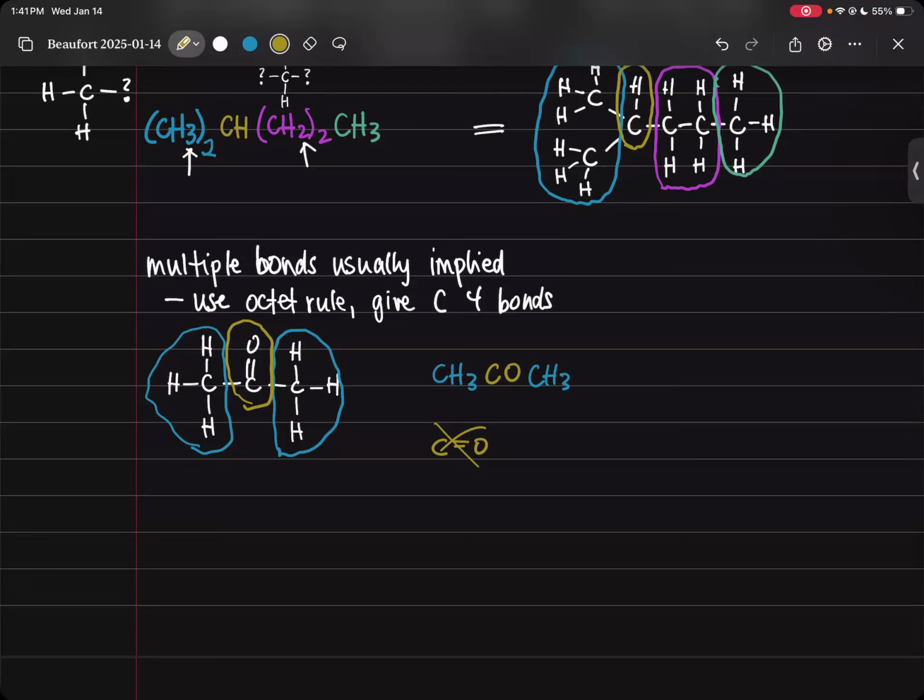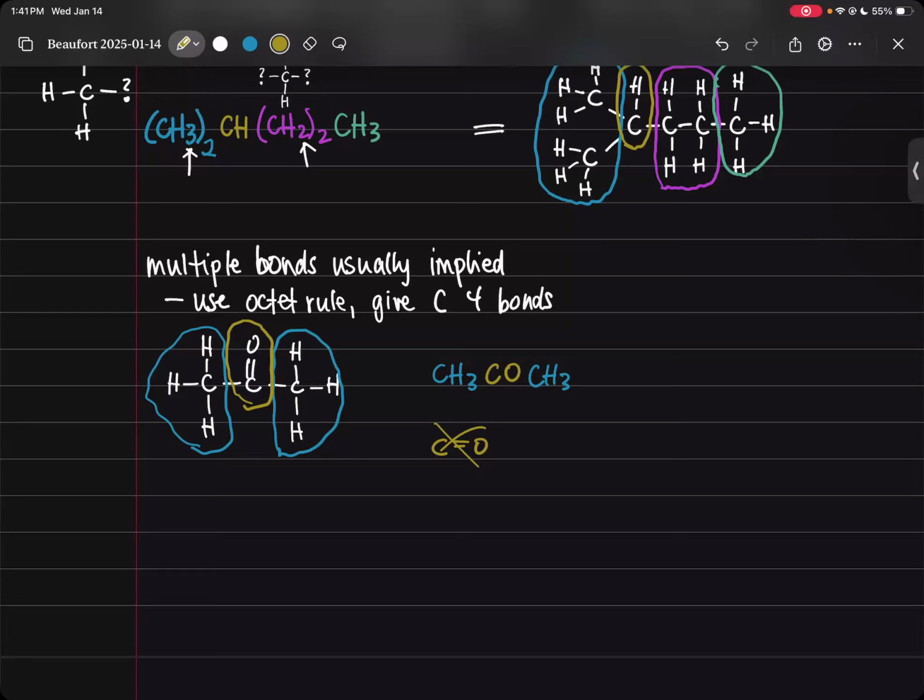Because if we look at the list of carbons, this carbon has 3 bonds to hydrogen and 1 bond to its neighbor carbon, so it's happy. This carbon has 3 bonds to hydrogen and one to its neighbor carbon, so it's happy. This carbon, even if you don't know immediately what the oxygen is doing, has a bond to its neighbor carbon over here and neighbor carbon over here.